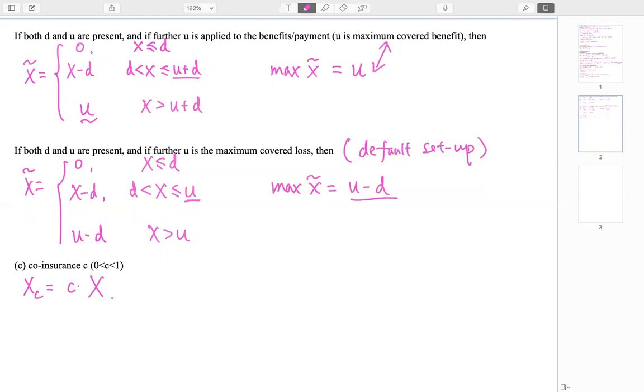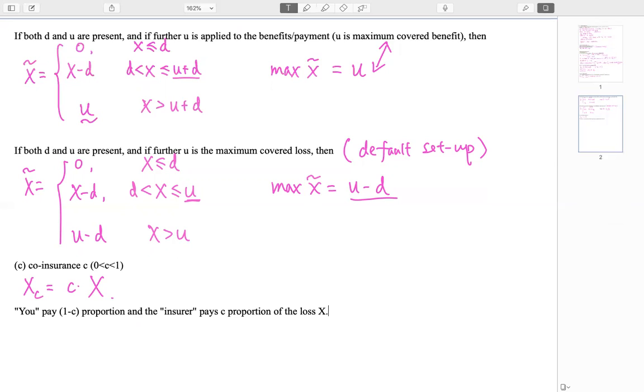The meaning is very straightforward. So in this case, let's put a quotation mark: you pay 1 minus C proportion, and the insurer pays C proportion or percentage of the loss X.